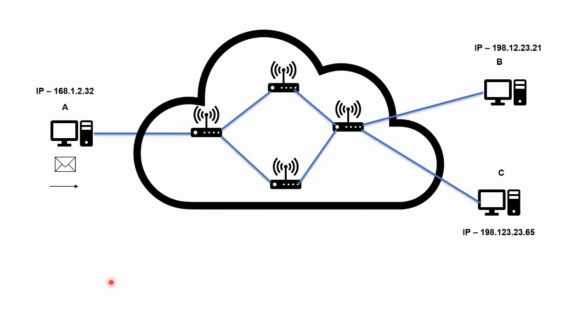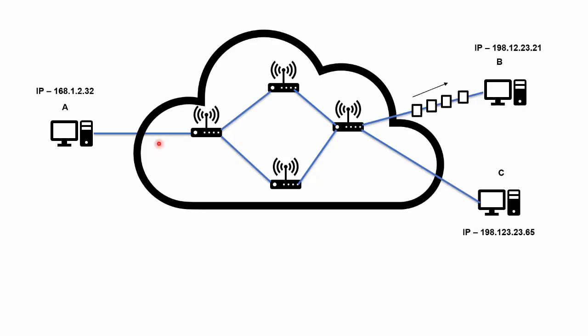So how does it happen? The transmission control protocol breaks down this information into smaller pieces called packets. Then the internet protocol, the IP protocol, will assign these packets to the respective device's IP address.